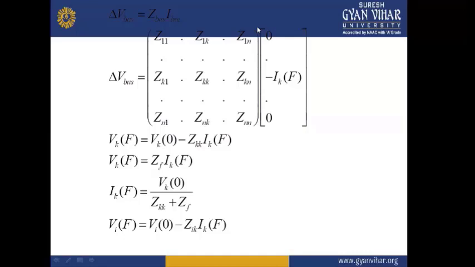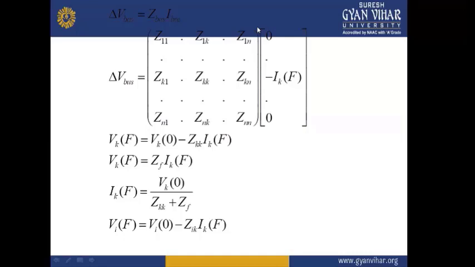Therefore, the fault voltage will be equal to Zf into Ik, and the fault current will be equal to the pre-fault voltage upon the sum of Zkk plus Zf. Okay, the self impedance of bus number K plus the fault impedance.